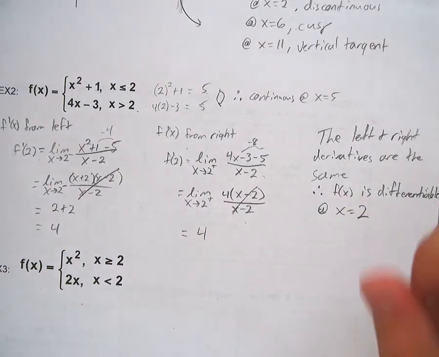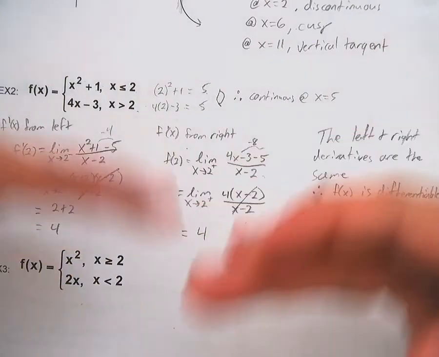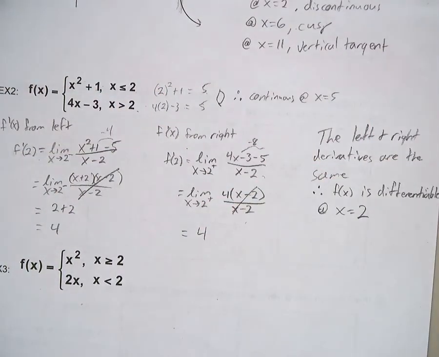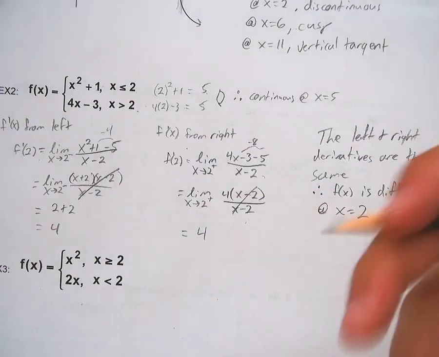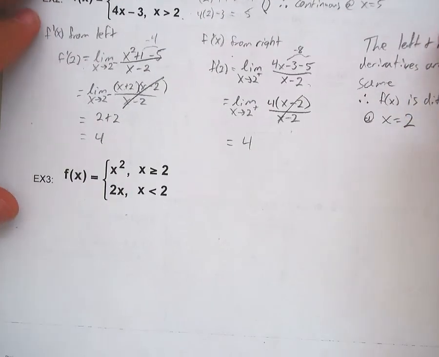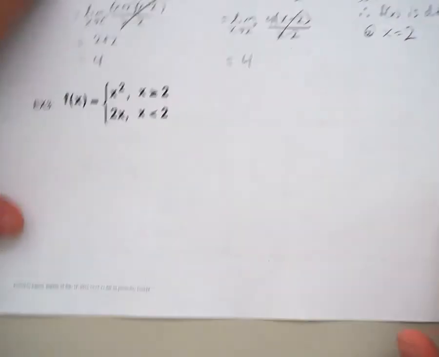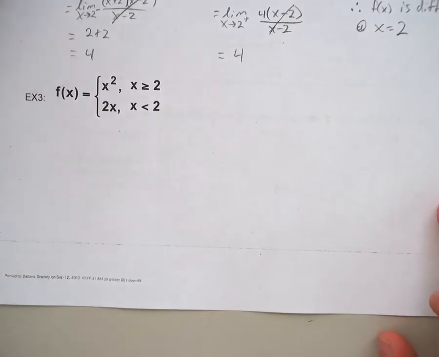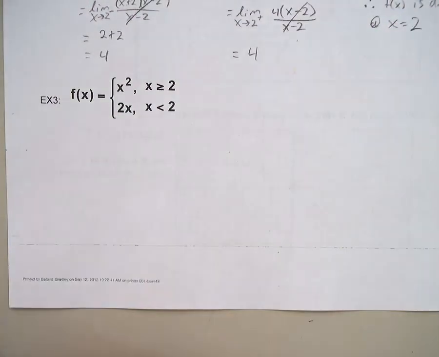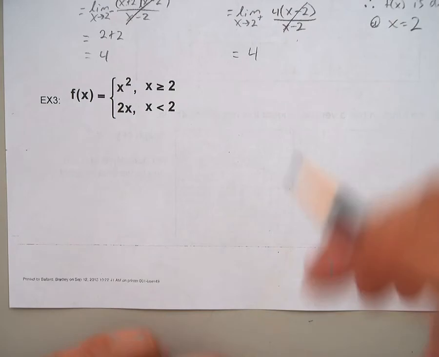Same thing for number 3. Where the piecewise function splits is where we might have a problem with differentiability, so that's the only place I need to check. You know, unless there's a square root, unless there's like a divide by 0 or something else going on in here. But there's not, so let's move on. Down on the bottom here, example 3. First thing I'm going to do is plug into both of these and see what it looks like coming from the left and from the right.